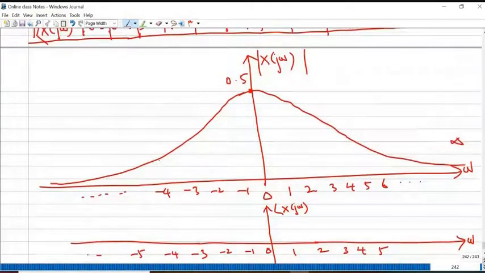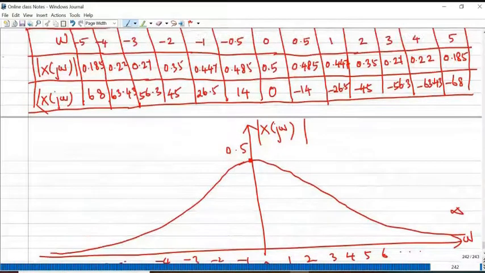So at omega 0, your angle of X(j omega) is 0. At 0.5, minus 14. At 1, minus 26.5. At 2, minus 45.